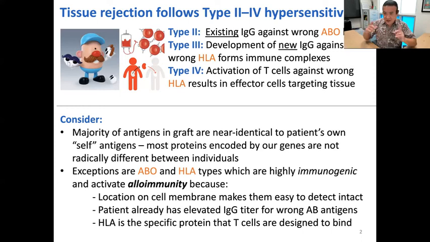Consider in the case of things like ABO blood types or RH plus minus blood types, patients already have elevated IgG titers for things like the wrong AB blood type, right? Again, we discussed this. It's because those ABO antigens are glycolipids that resemble in many ways the lipopolysaccharides that we find on the surfaces of bacteria.